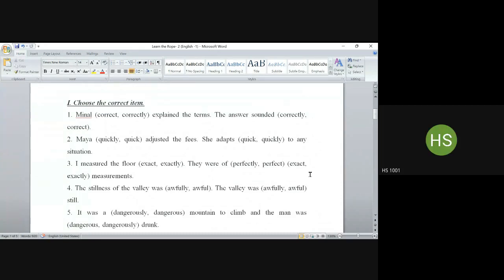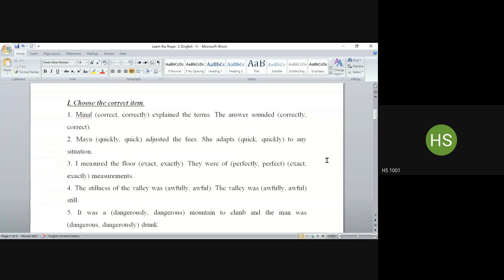Ma'am, generally these -ly words, will they explain a sort of process or a procedure? Like, she adapts quickly to any situation. So it's basically a procedure to adapt something. Are -ly words describing a process? -Ly words usually describe a manner.